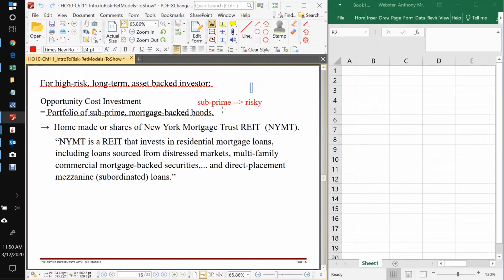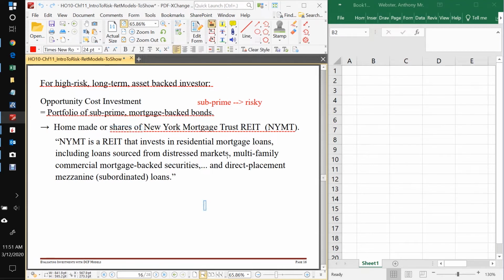So it means that ultimately the folks who got a mortgage are at some risk of flaming out and not being able to pay back their mortgage. So this again could be a homemade portfolio, or if she was lazy and arguably smart, lazy like me and arguably smart like someone else, she could just say my opportunity cost investment is going to simply be shares of the New York Mortgage Trust REIT.